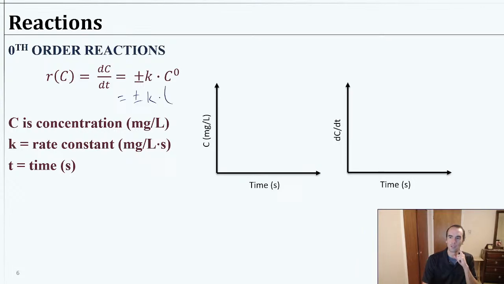So the units here would be concentration divided by time. So let's call it milligrams per liter divided by seconds. Those would be the units. We could rewrite that as milligrams per liter per second, right?